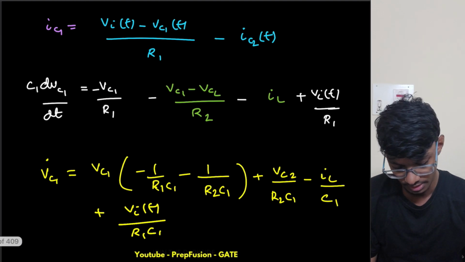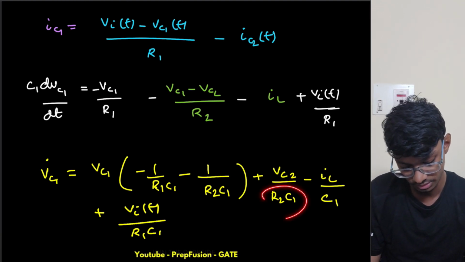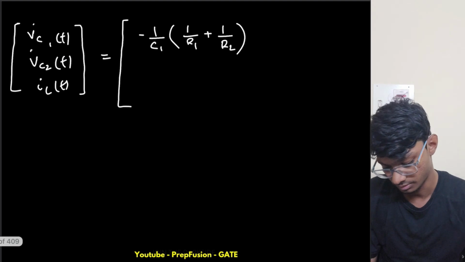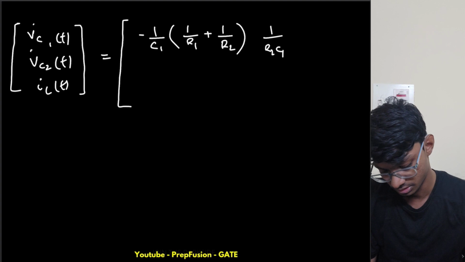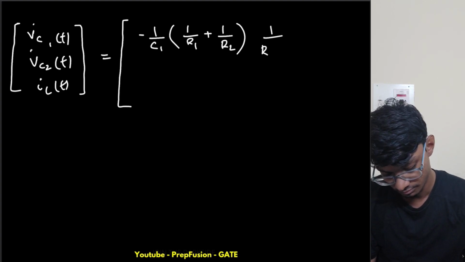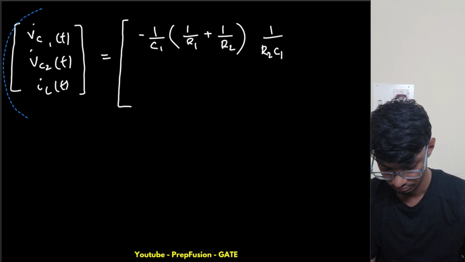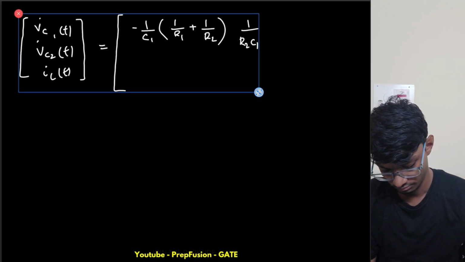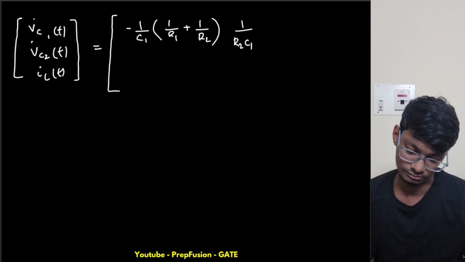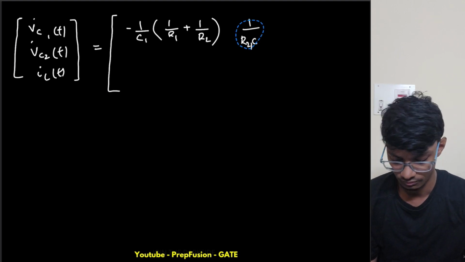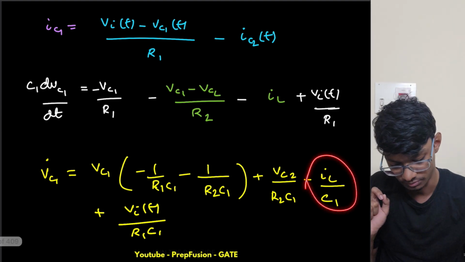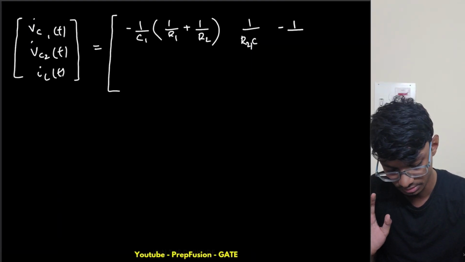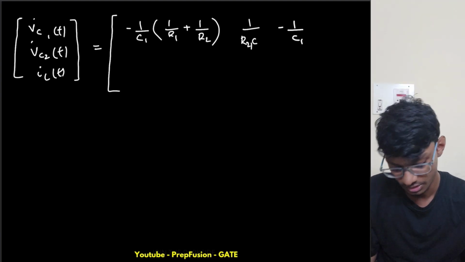And this one is 1 by R2 C1. I have to reduce the space actually. And for this last term, this is minus 1 by C1. Let me first write this, and you will understand by yourself also.